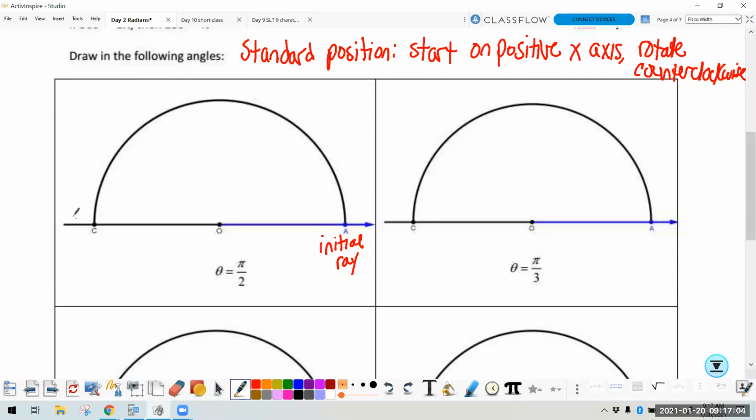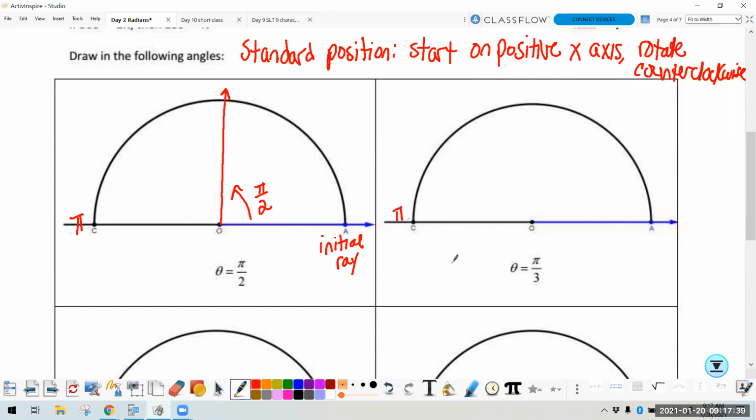Well, I know halfway around the circle is pi. So that means pi over 2 must be half of this. So this angle here is pi over 2 radians. For pi over 3, we still have this initial ray over here.